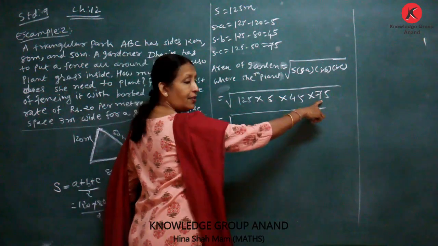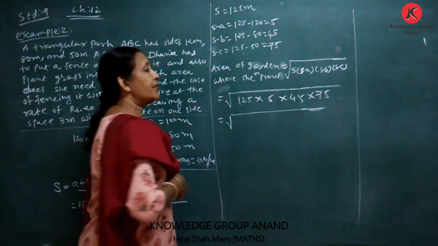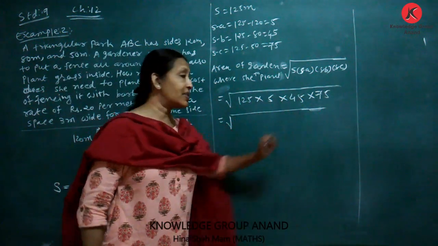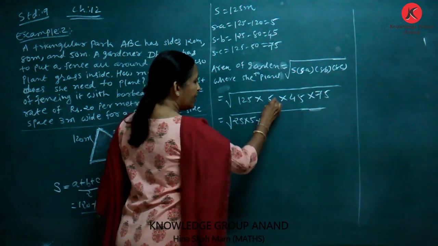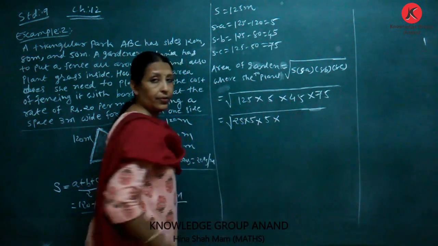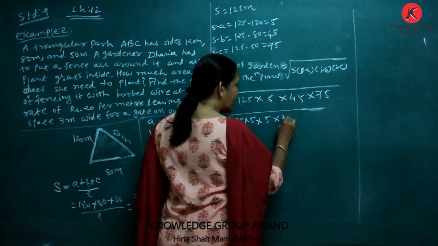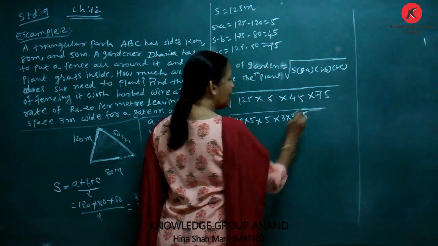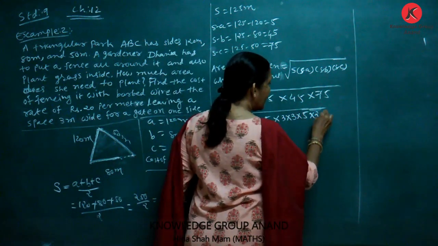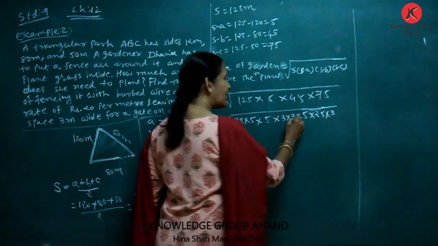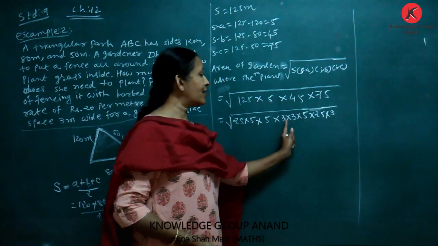Since the square root of 9 is 3, I write 3 here.